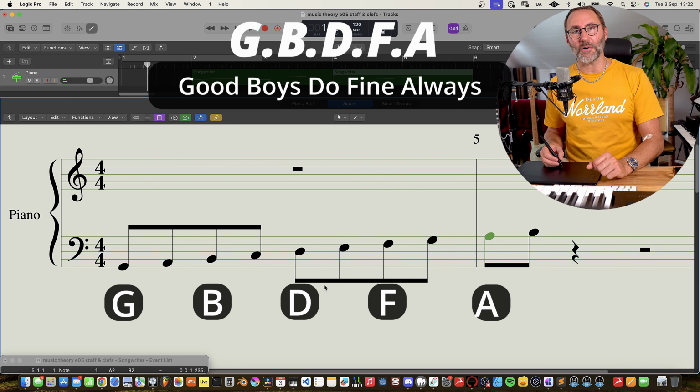Good boys do fine always. Remember that. The bass clef is obviously going to be used for bass instruments like contrabass, cello, contrabassoon, bassoons, timpani, and trombones and tubas and other like bass instruments.